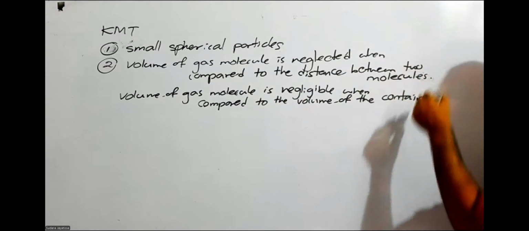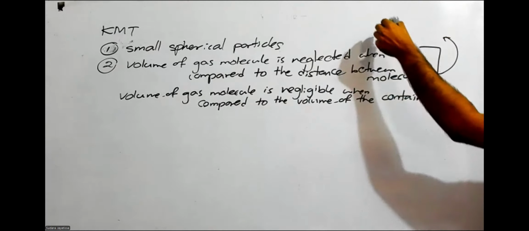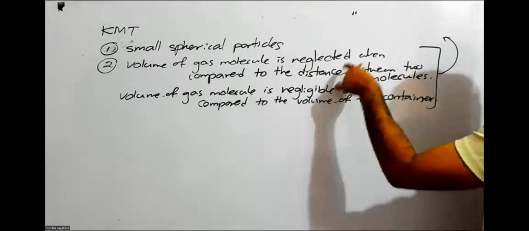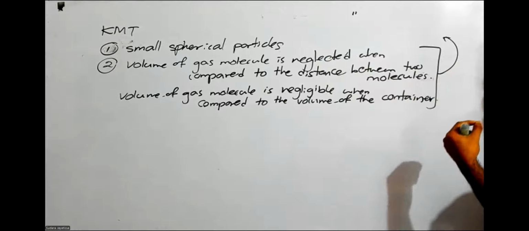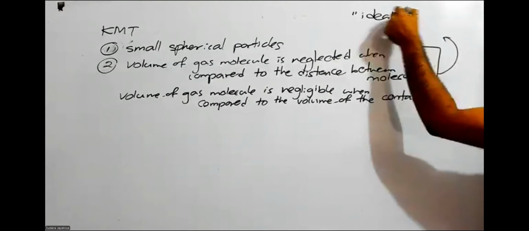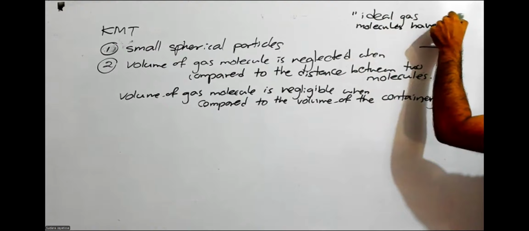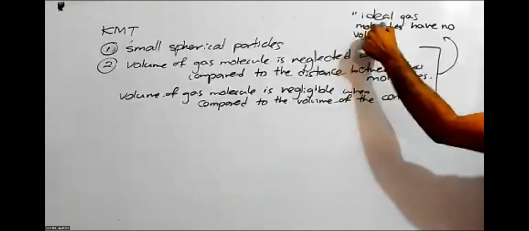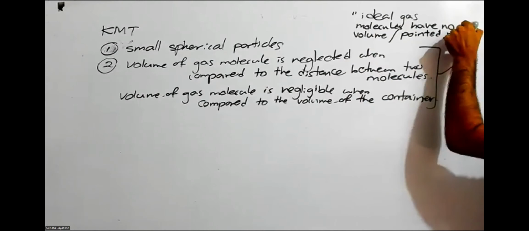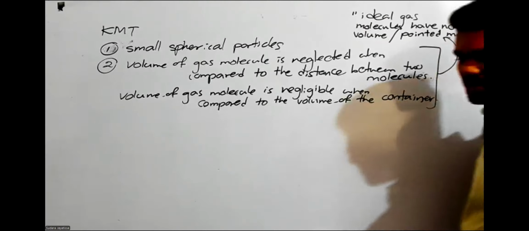So it's telling you one simple thing. What is that? Ideal gas particles, and this is a very crude sentence, so don't write this one if they ask for the kinetic molecular theory. You need to give one of the two statements. The crude way of telling this is: ideal gas molecules have no volume, or you can say they are point masses. Crude means it's not very good.